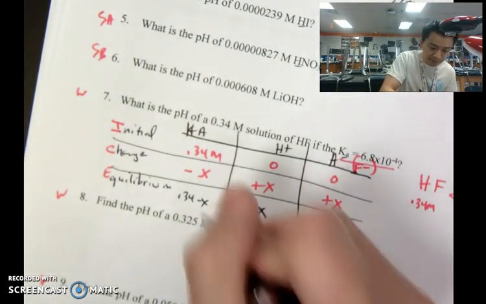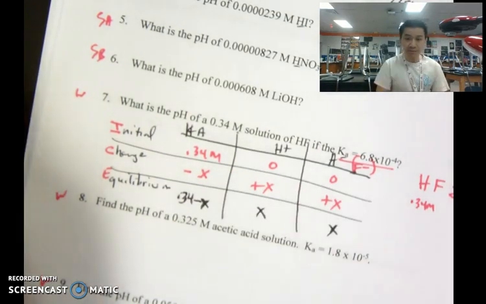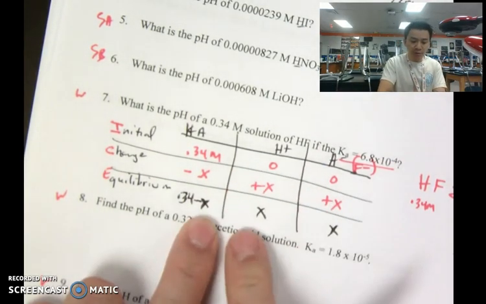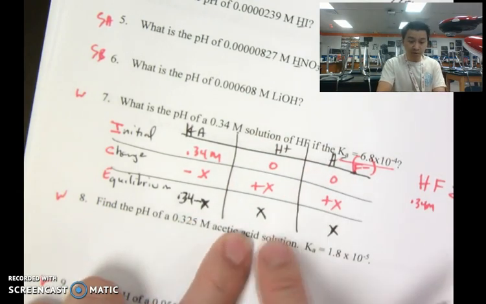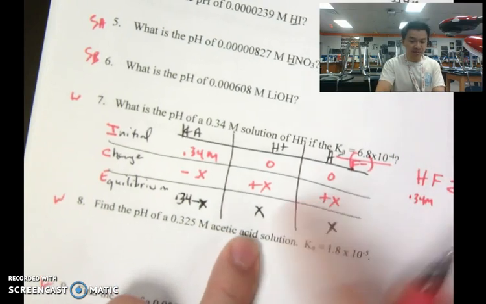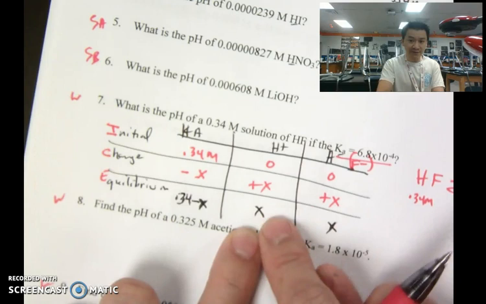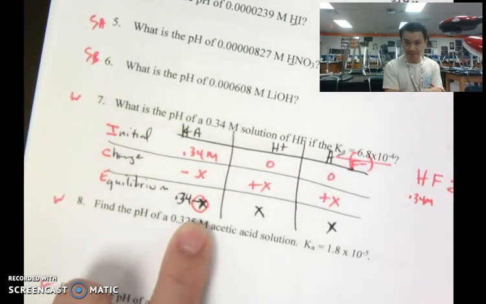Because this X number is going to be so small, ladies and gentlemen. This thing is so close to 0. Remember, the concentration of H plus is always going to be really, really tiny. So this 0.34 is significant, but this X here is insignificant.